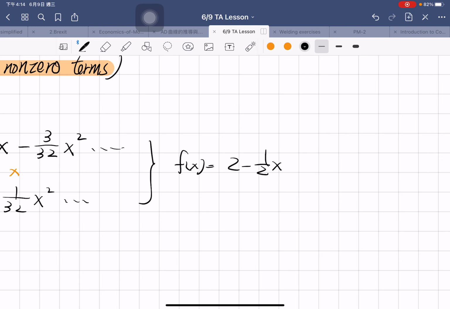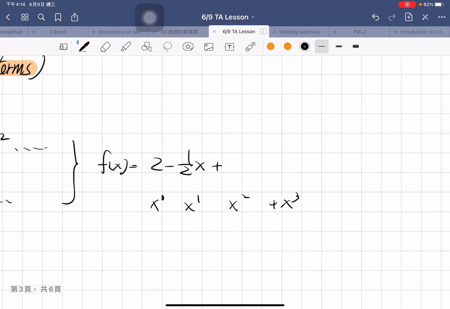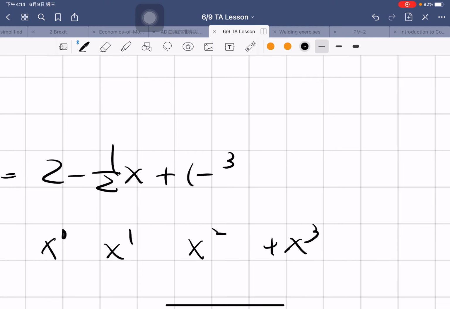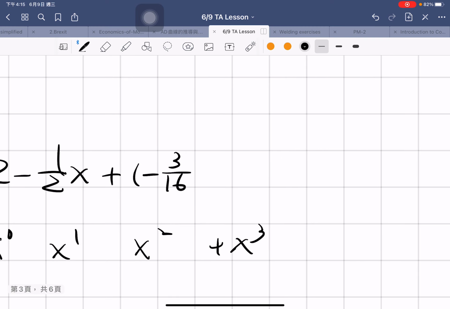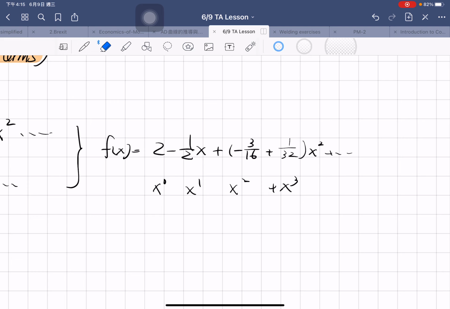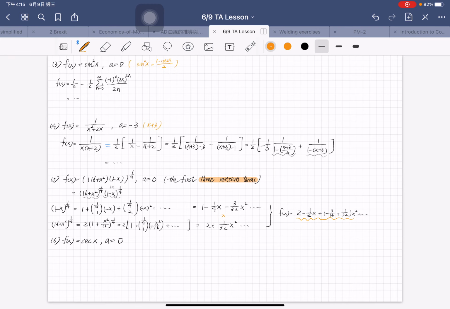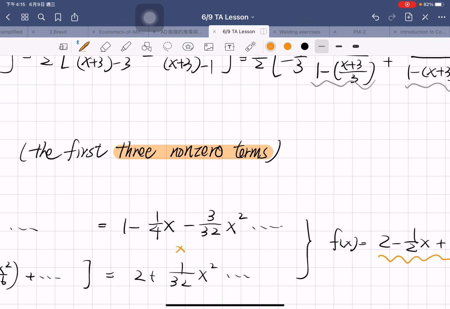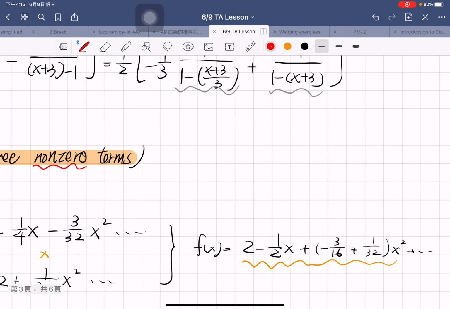So you list out in the order of x0, x1, x2, x3. Okay, so this will be minus 3 over 16 plus 1 over 32 x squared and so on. So these 3 terms will be the first 3 non-zero terms. Notice that sometimes the sum of the terms will be 0, then you need to skip it.